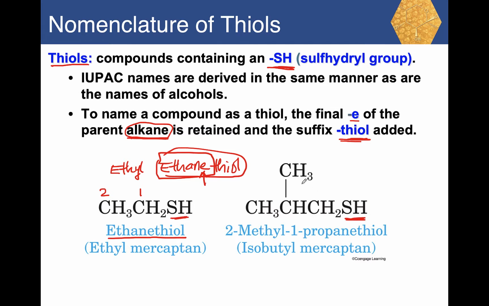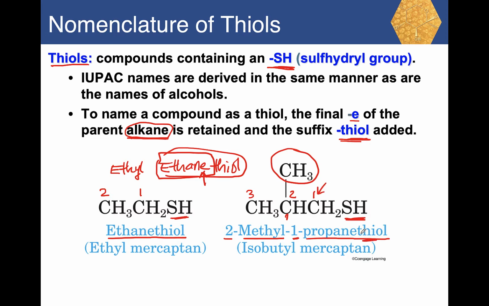So in terms of naming it, this is carbon number 1, carbon number 2, and carbon number 3. So it becomes a propanethiol. There is a methyl group here on carbon number 2, so it becomes 2-methyl. Of course, there's a 1 here to indicate the presence of the thiol.